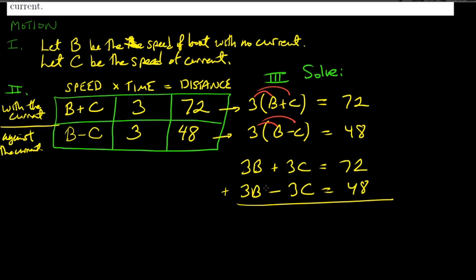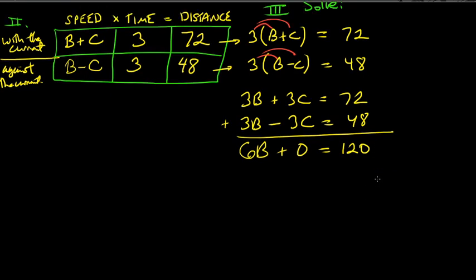But in this example here, when you add the equations, 3b plus 3b is 6b, 3c minus 3c is 0c, which is 0, and then 72 plus 48 is 120, I think, yeah. So now just divide by 6, and that solves for b.